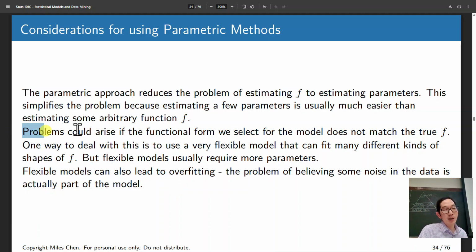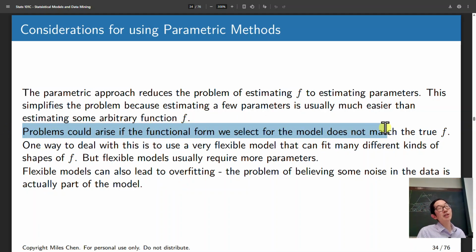But we run into problems if that initial assumption that we have a linear relationship is wrong. Then of course your model is going to be wrong, right? In 101A, I haven't taught 101A in a long time, but I think a lot of time is spent checking if your assumptions are correct, right?